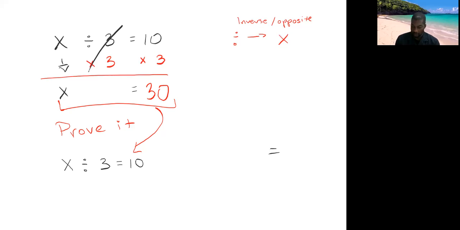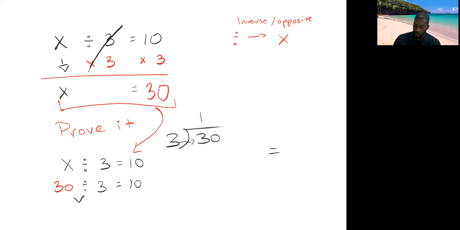Let's replace the x with what we said it was, which is 30. So 30 divided by 3, does that equal 10? Let's go over here. 30 divided by 3. 3 goes into 3 one time. 1 times 3 is 3.